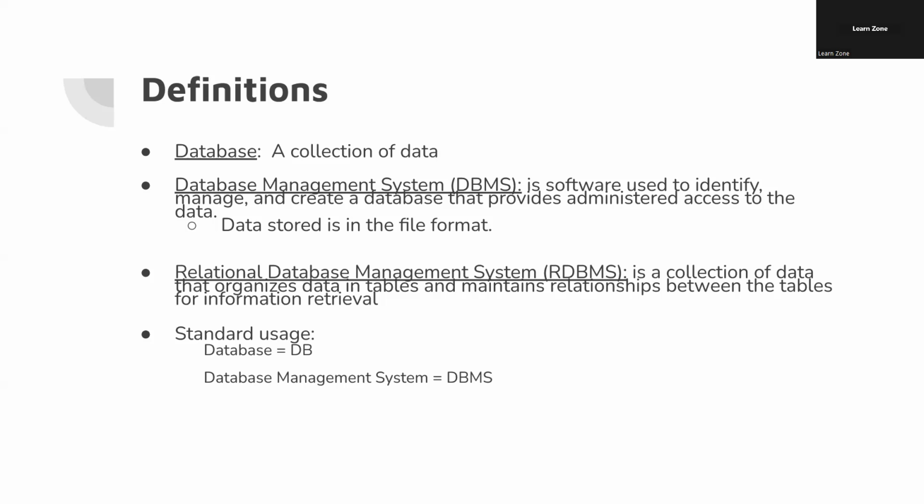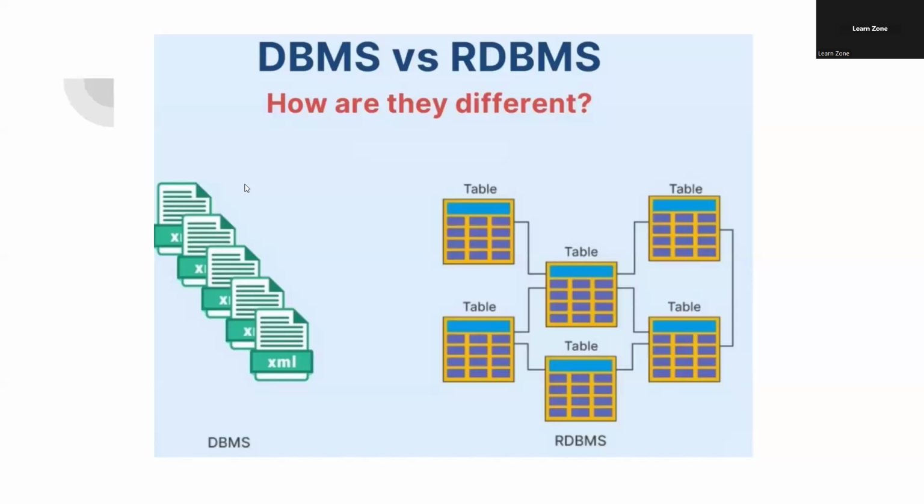So we will divide the data into smaller sizes and store it in different tables. Whenever we need, we will combine those tables and get the required information. This is the major difference between DBMS and RDBMS. In DBMS we store the data in the form of files, whereas in RDBMS it is stored in tables.